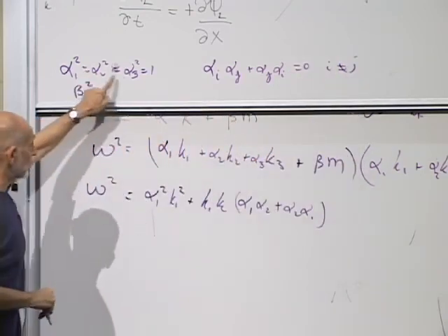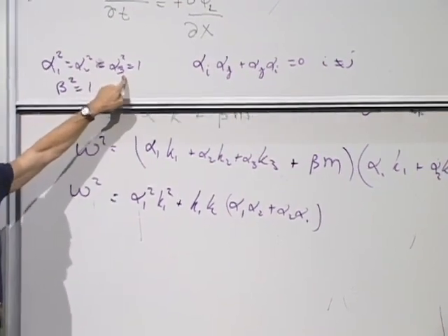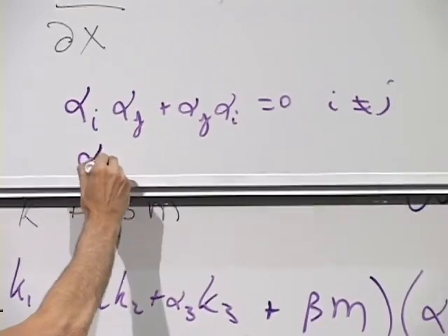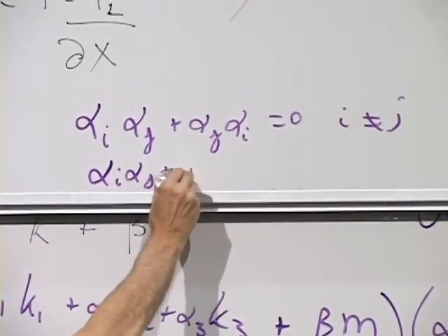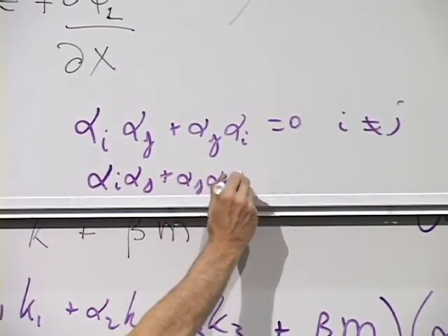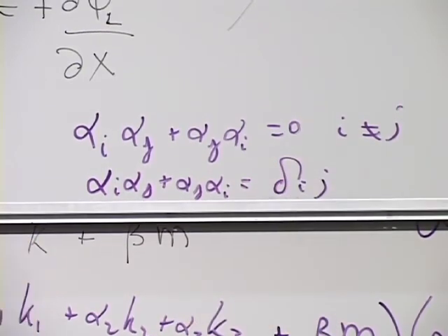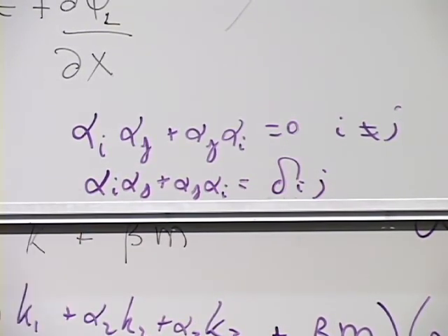For i equal to j, it has to be 1. So you could write this in the form, if you like, alpha i, alpha j plus alpha j, alpha i equals delta ij. Another way of saying 0 when i not equal to j, 1 when i equals j.